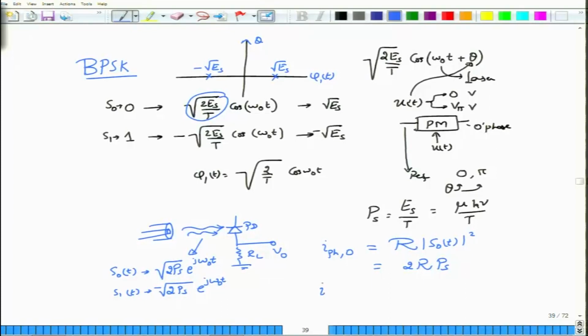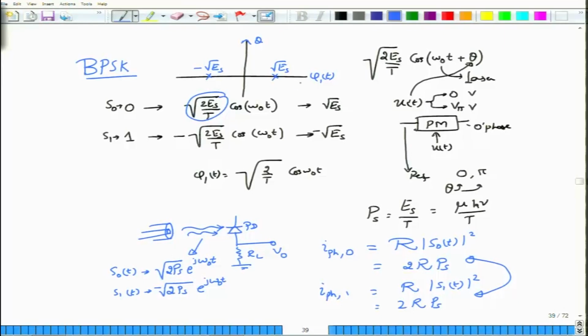Okay. Now the photocurrent when you transmit bit 1 will be R magnitude of S1 of t square, which would again be equal to 2 R PS in this case, because S1 of t magnitude square is the same as S0 of t magnitude square. Now we are in a fix. We get this photocurrent, but both photocurrent values are the same, and my information is not in this intensity.